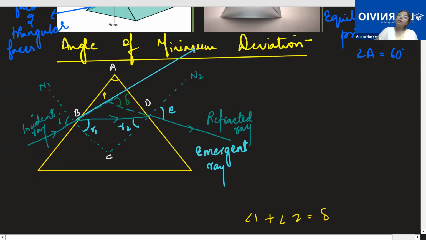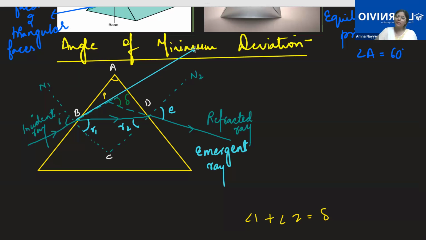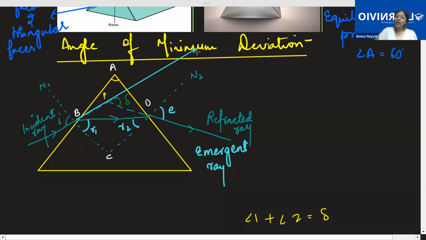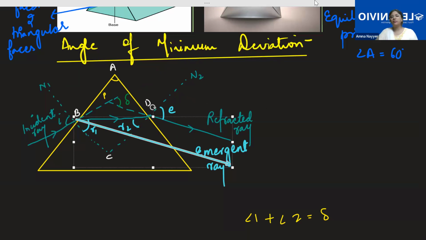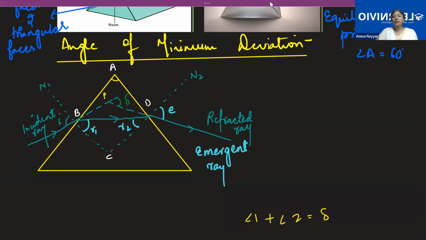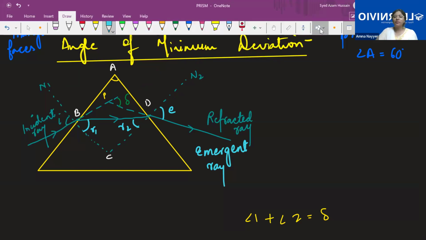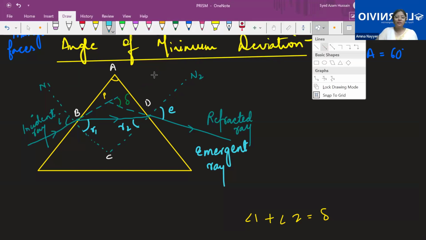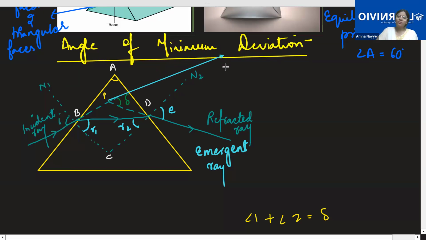The ray of light was supposed to come like this if it weren't for the prism's and the air's combined refractive indices. So what we have right now, the ray of light is coming like this, right? See, this was supposed to be the path. Now it is coming like this.